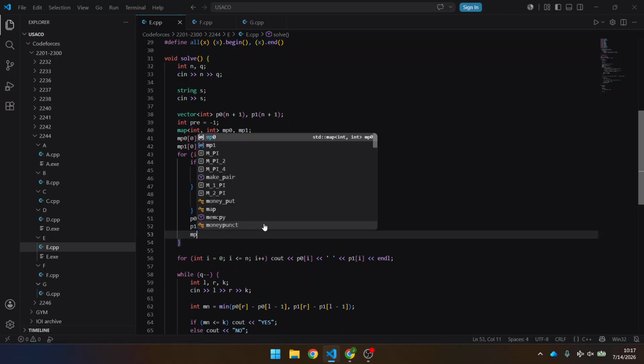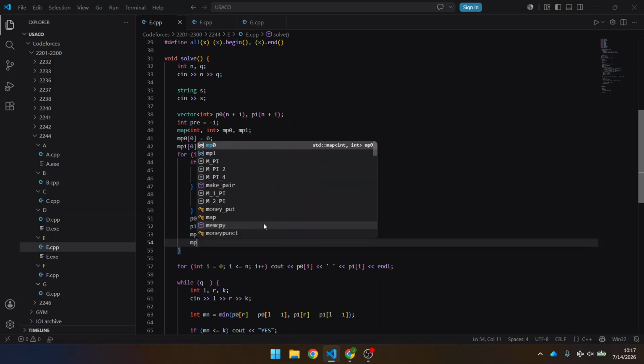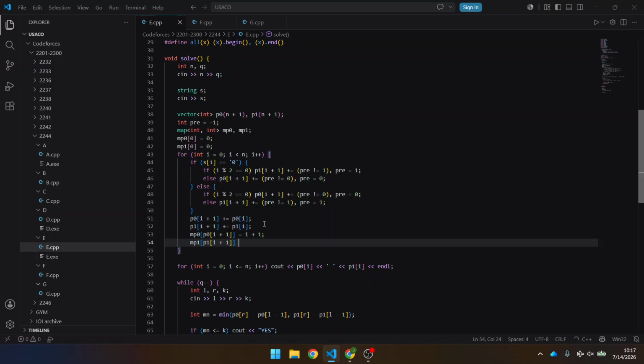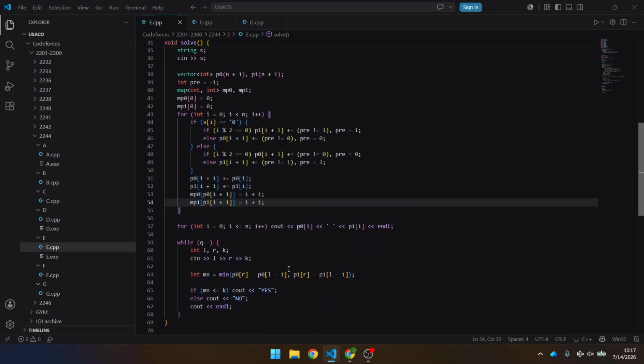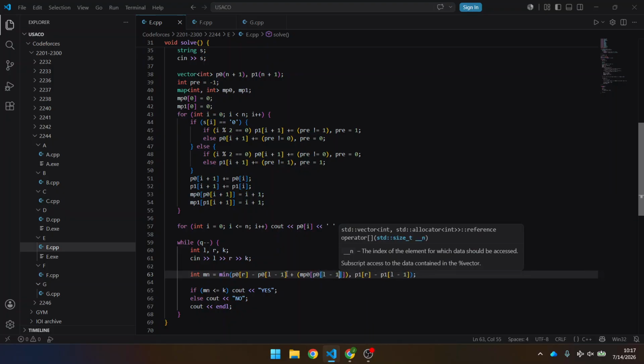Okay, and mp0, p0 plus 1 is equal to i plus 1, and p1, p1 plus 1 is equal to i plus 1, plus mp0, p0 l minus 1 less than l.